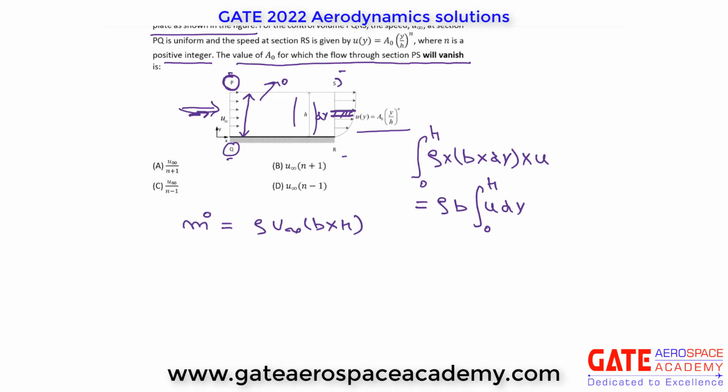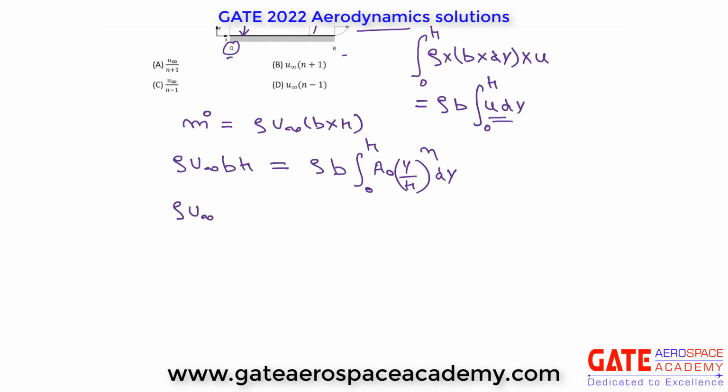These two mass flow rates should be equal, means rho u infinity b h is equal to rho b integration 0 to h. What is the expression for u? We can substitute. That is a naught (y by h) power raised to n dy. Right?